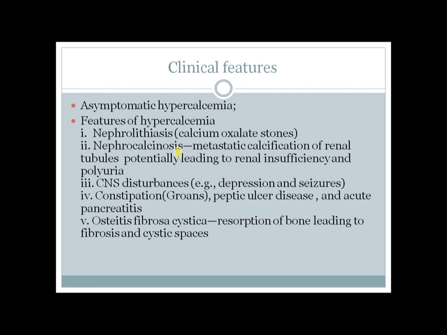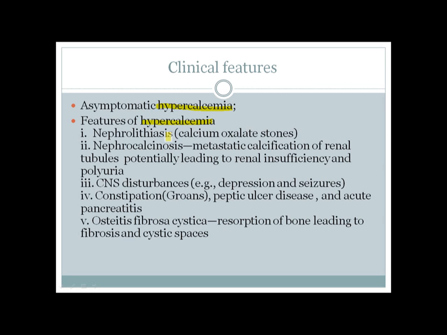The clinical features may vary from asymptomatic to severe. There can be a mild asymptomatic hypercalcemia, or there can be features of hypercalcemia. Whenever you have excess calcium in your blood, it starts to deposit in different organs. It deposits in your kidney, in your brain, and in your intestines, causing many problems.